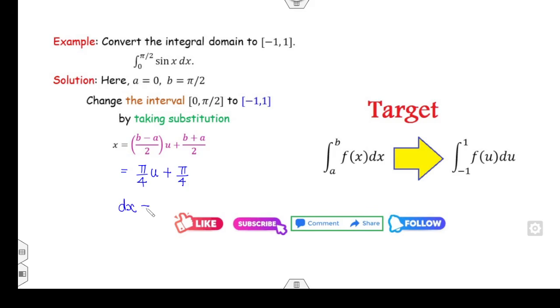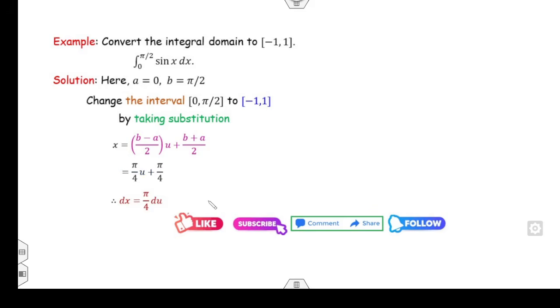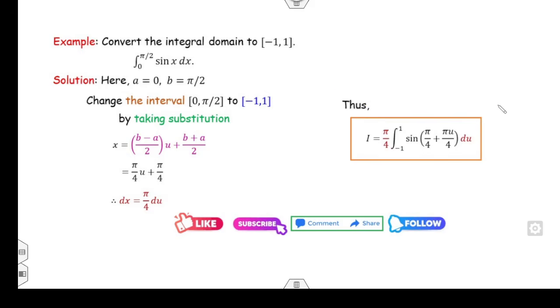So therefore, dx will be pi over 4 into du. I can substitute both the values. It will be the integral from minus 1 to plus 1 of sine of x, where x is pi over 4 into u plus pi over 4, into du. So pi over 4 I can take outside, and that into du is the required integration from minus 1 to plus 1.